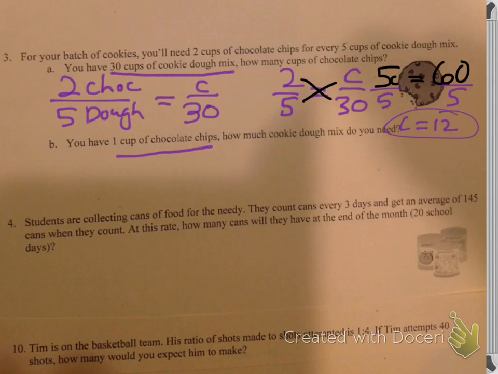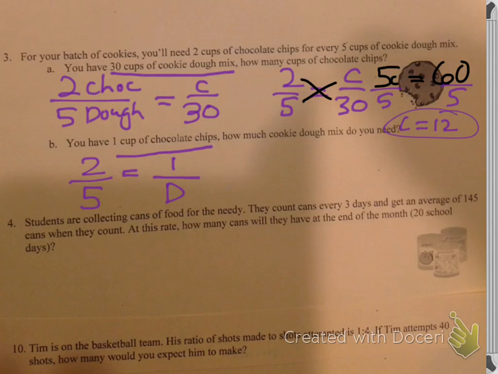You have 1 cup of chocolate chips. How much cookie dough mix do you need? So if it's a 2 to 5 ratio, and you only have 1 cup, how much cookie dough do you need?